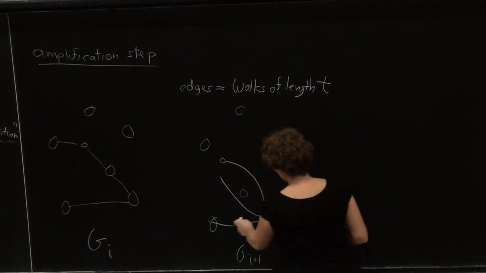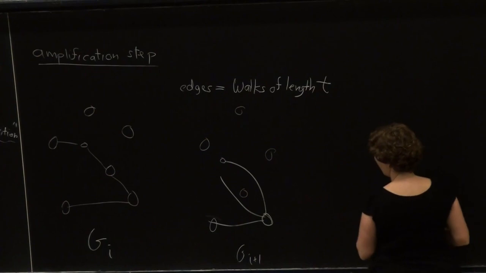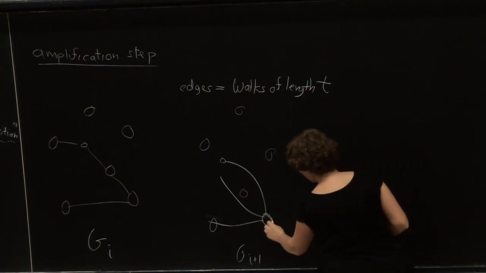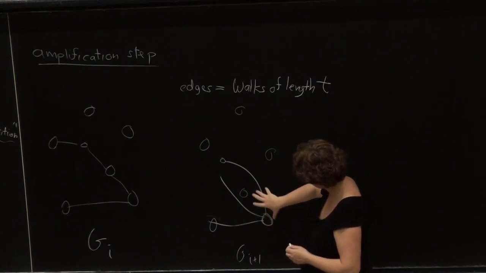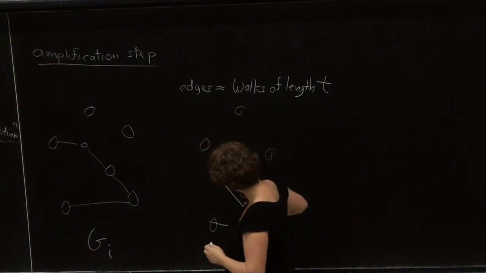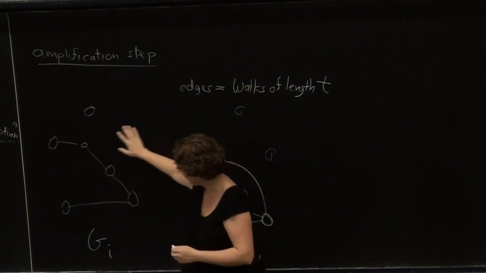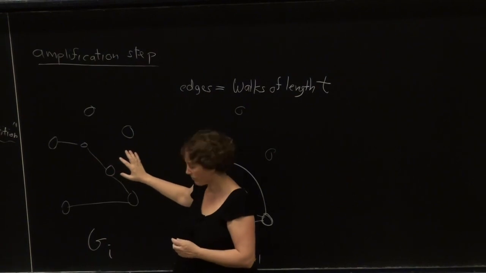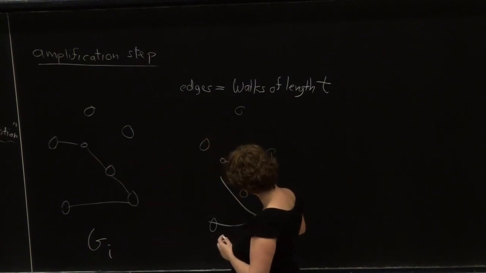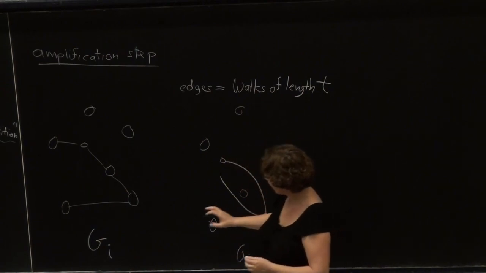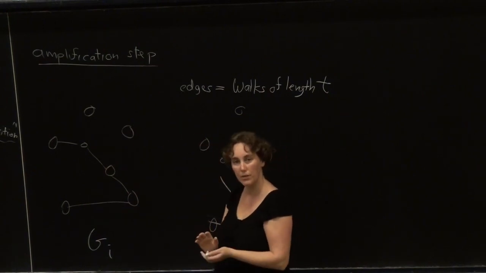Right? So now, for every vertex in G_{i+1}, we'll have a value that's supposed to tell you not only the color of this vertex, but the color of all of its neighbors in this graph at distance t. So one vertex doesn't only encode its own color, but it encodes the colors of all its neighbors in the neighborhood of radius t.